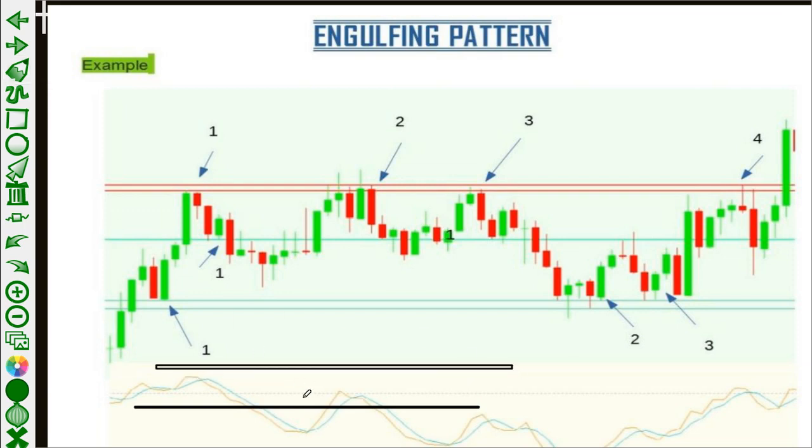If the direction of the stochastic is facing upwards, we are avoiding the put trade. And if the stochastic is facing down, we avoid the call trade, no matter the level.